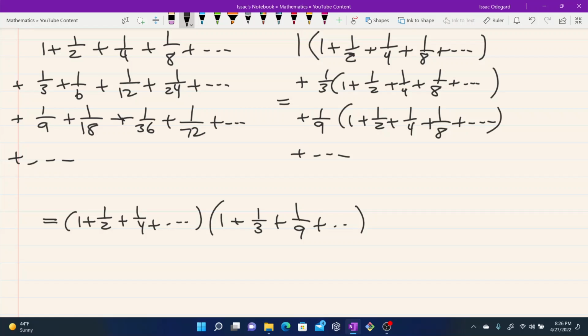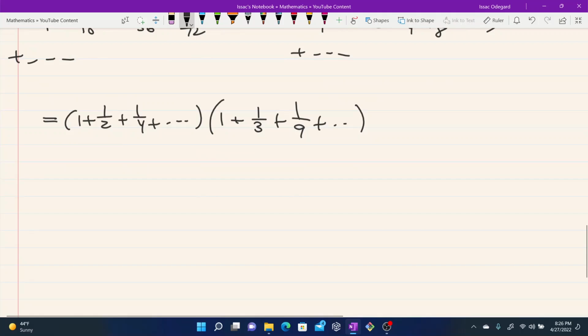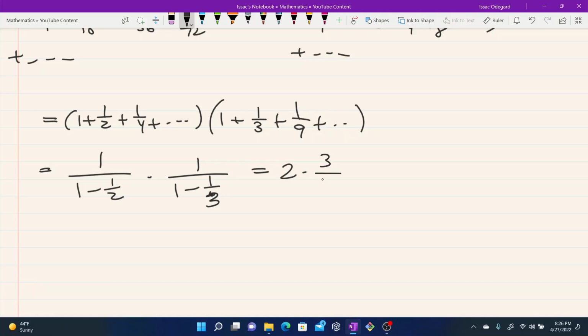So each of these are geometric series and they each converge. So this first one is 1 over 1 minus half. The next one is 1 over 1 minus third, okay, which is then 2. Next one is times the 3 halves, so we get 3 in the end. So this is just a product of geometric series.